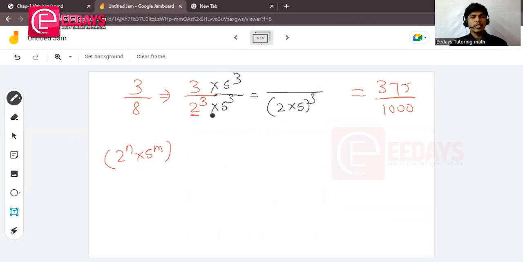The question was not in this form, since only 2 is there and there is no 5, so we multiply with 5 cube. Here 3 into 5 cube: 5 5 is 25, 25 5 is 125, and 125 into 3 gives you 375. You just convert the smaller fraction to a bigger fraction like this.